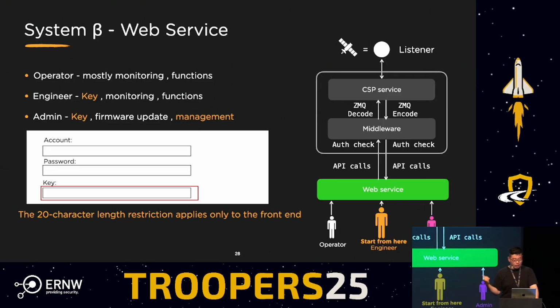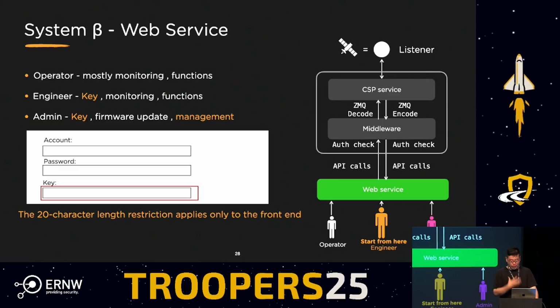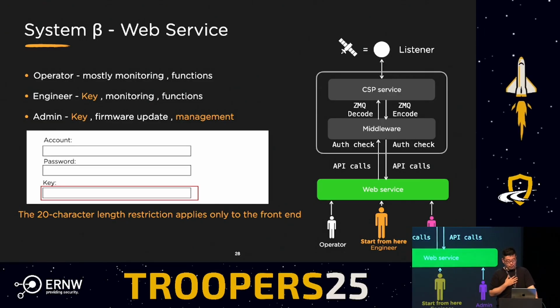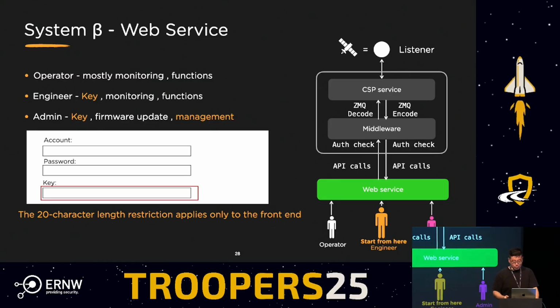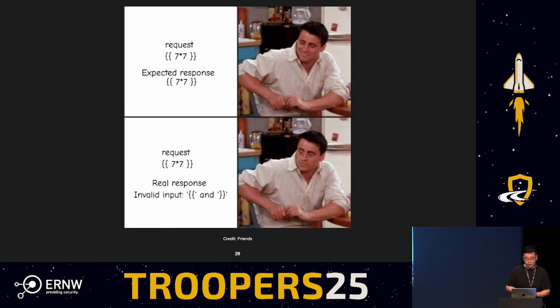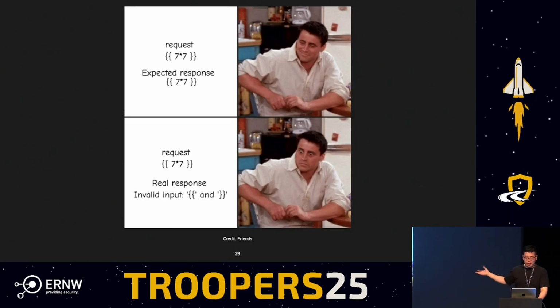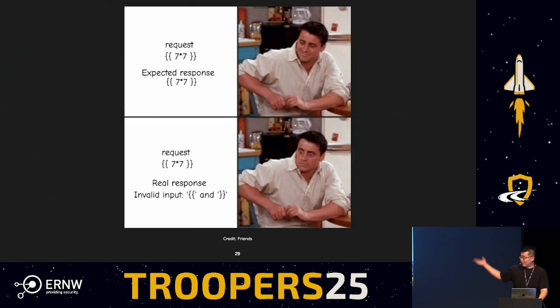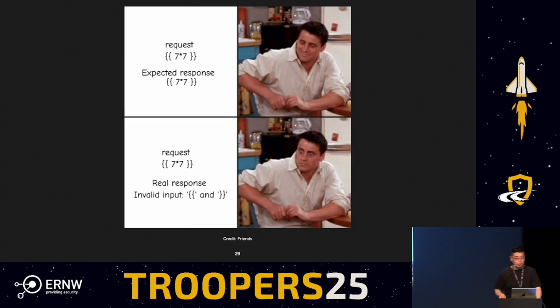This key is also customized by the user themselves. So I started fuzzing this field, and one of the payloads I used was double brace 7 multiplied by 7.